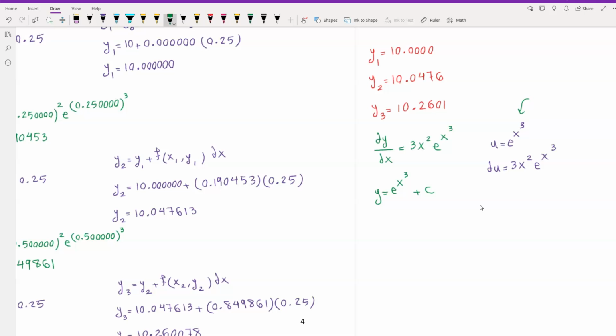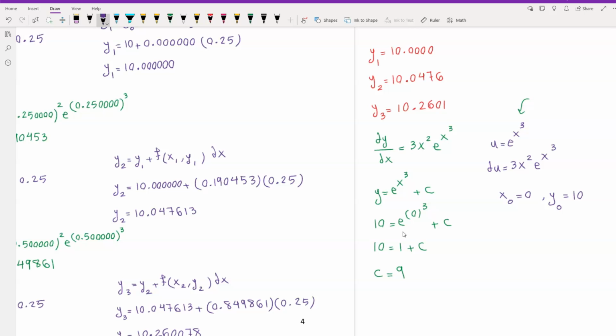Solve for c by substituting x sub 0 equal to 0 for x and y sub 0 equal to 10 for y. So here on this part what I used was x sub 0 equal to 0 and y sub 0 equal to 10.